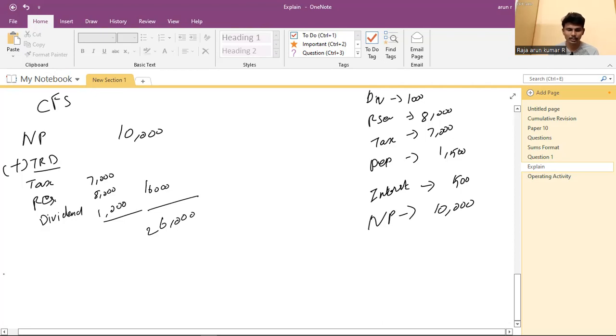Then add depreciation, how much they given depreciation? 1,500. Then add interest 500. This is 2,000, 28,000.